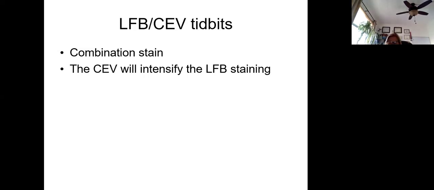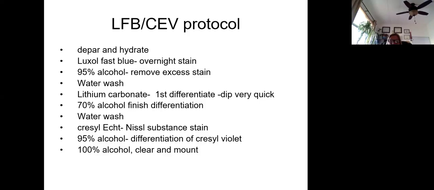So, the LFB CEV combination stain, the CEV is going to simply intensify that LFB staining. In order to achieve that, we are going to deparaffinize and hydrate to 95, go into our Luxol Fast Blue overnight, and come out and remove excess.